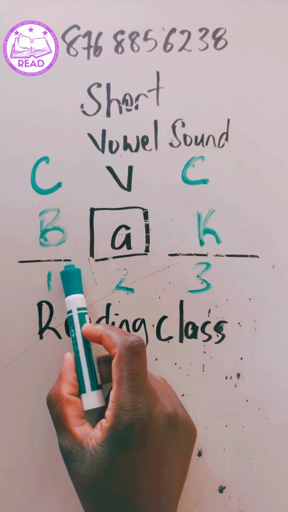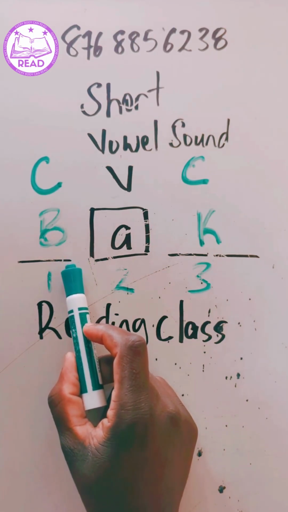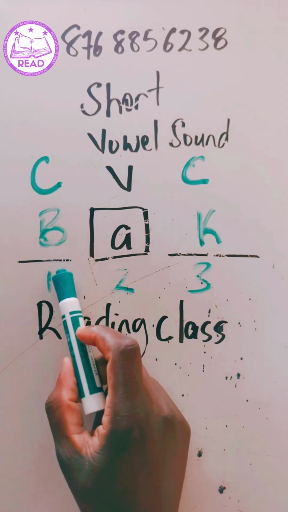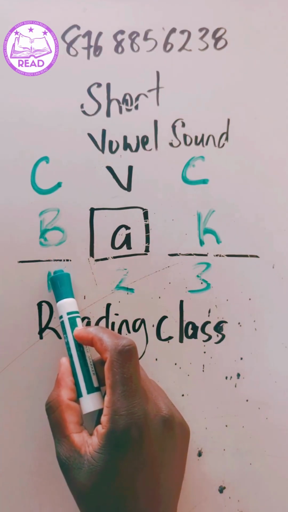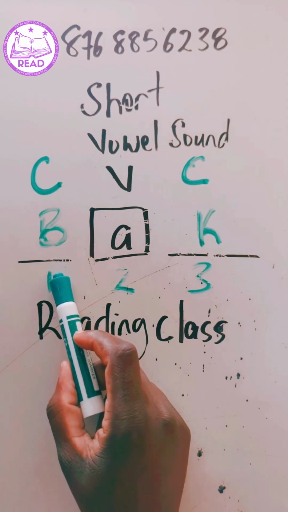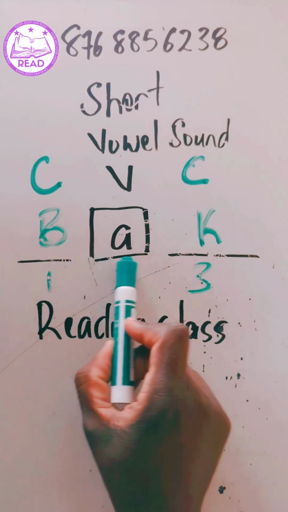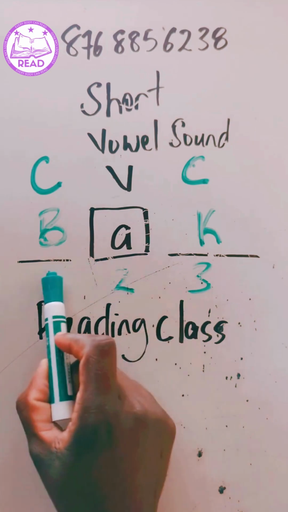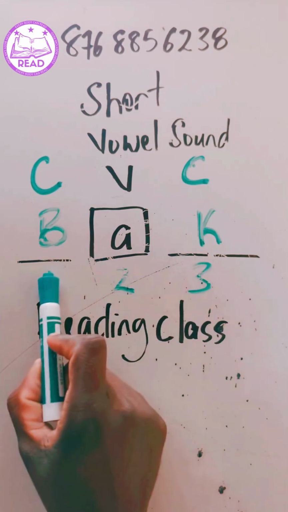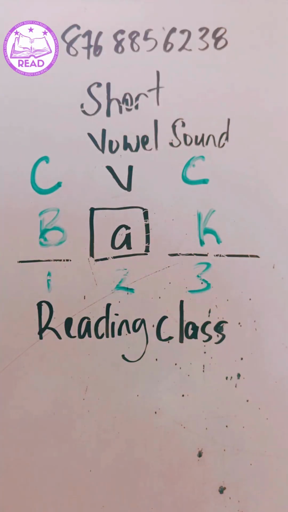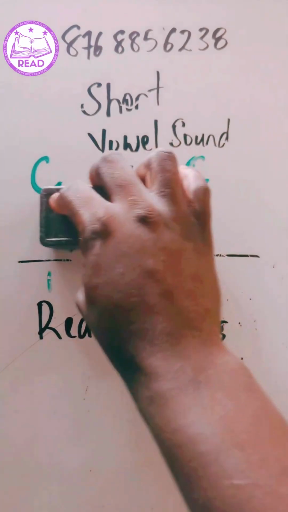Because it is not supposed to be there. But because this sound is very hard to make, it's hard for you to not put it there. So you have B, a, ba, back.